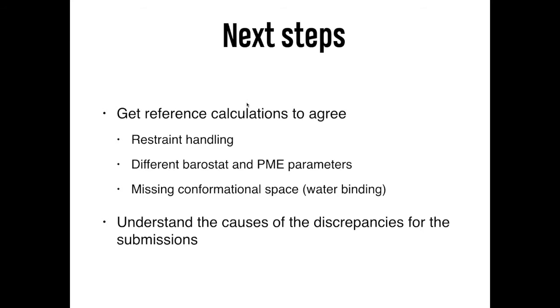And the second step, once we resolve this, in the ideal scenario, we would like to get in touch with the people that submitted results and figure out why this difference arises. It could be that this is just caused by reaction field and different models, but that's eventually the goal of this challenge.